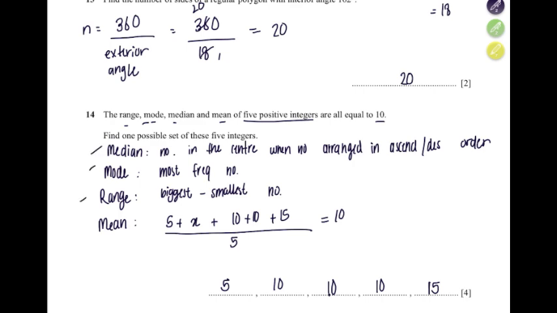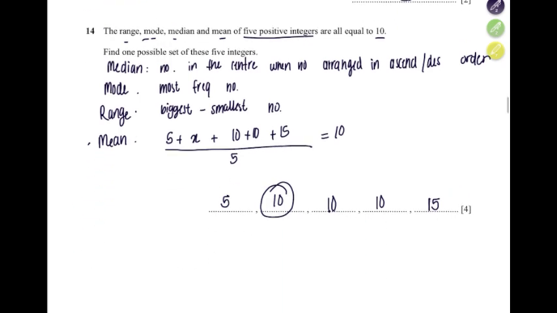Even if you don't know the third number, at least you can know that the median, the centered number, should be 10. The mode should be repeated more than once, and the other numbers are not going to be repeated. And the range, the difference between the smallest and largest number, is 10: 15 minus 5. Even if you don't get the mean, because the mean is the tricky part, you will be getting 3 marks at least.